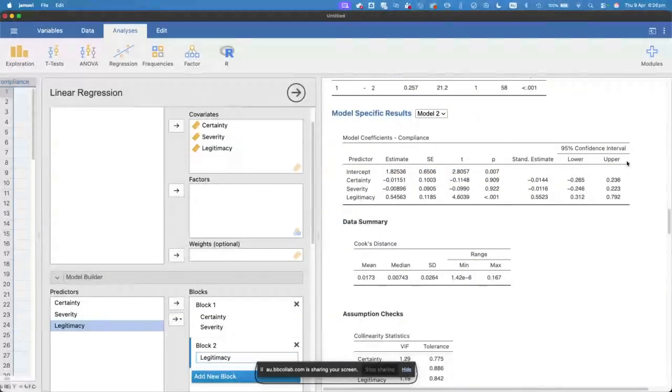So now we can start interpreting our table of coefficients. Can someone try to interpret something in this table? Pull out something and try to interpret it for me. It could be the estimates, the p-values, standard estimates, confidence intervals.